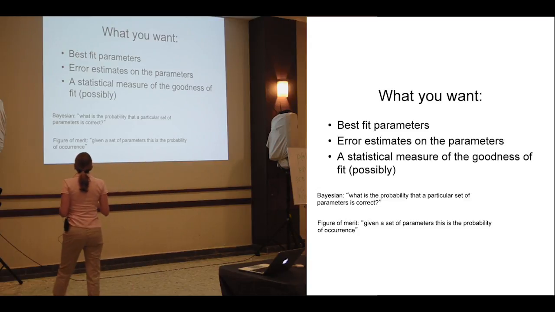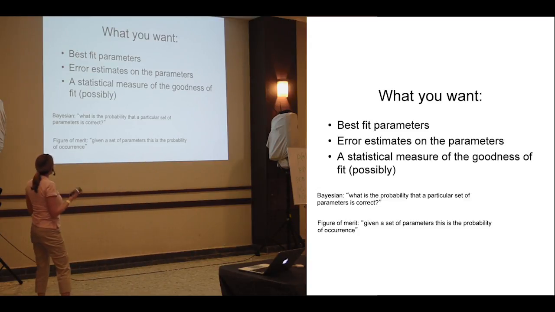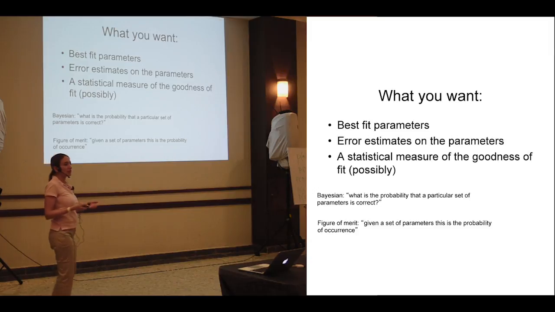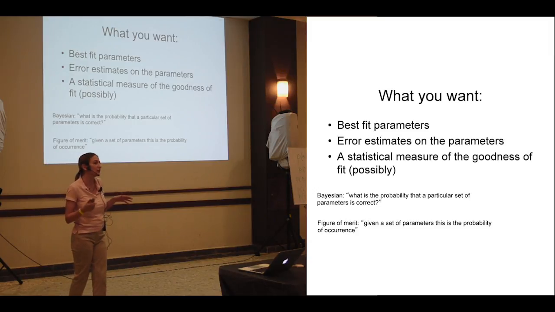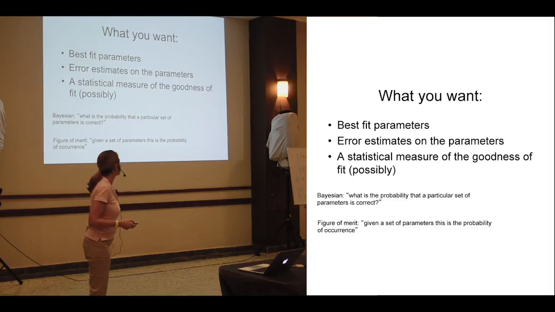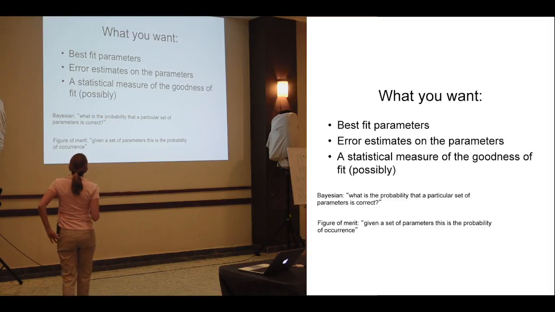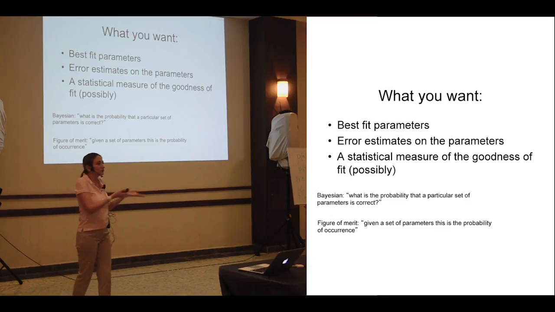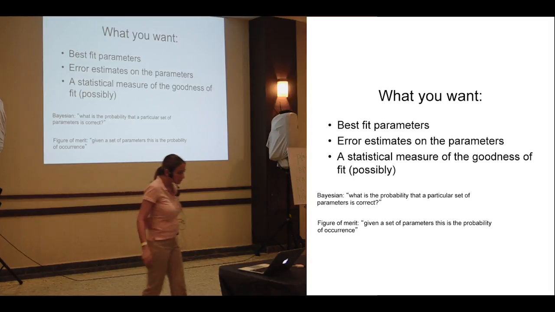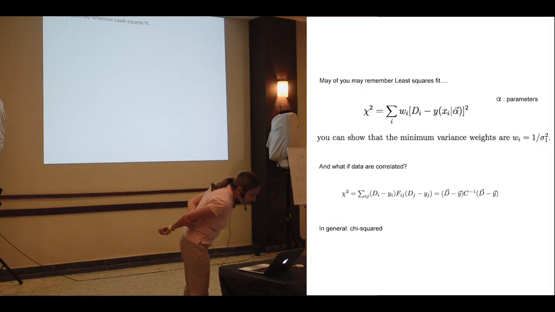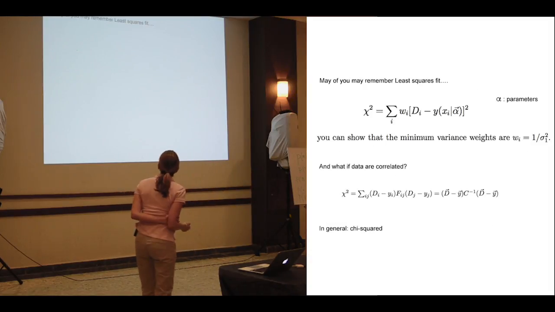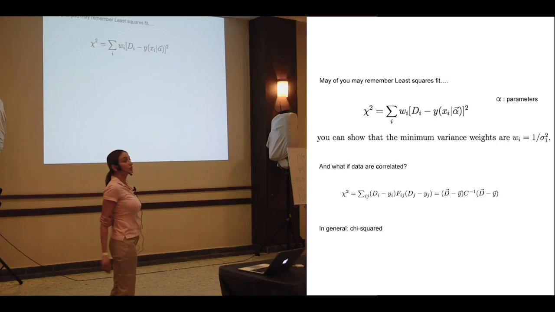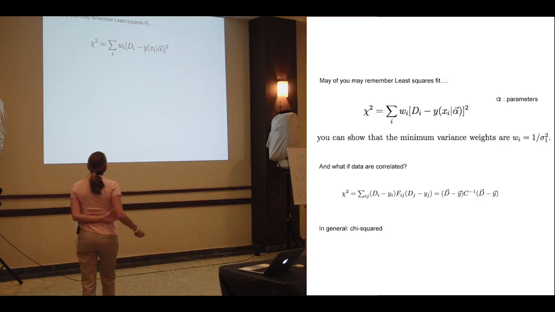So, if you are a Bayesian, you say, what's the probability that a particular set of parameters is correct? What's the probability that A equal 1 and B equal 3 is the correct answer? And the figure of merit says, given a set of parameters, this is the probability of the data. So you maybe remember the least square fit looks something like that.